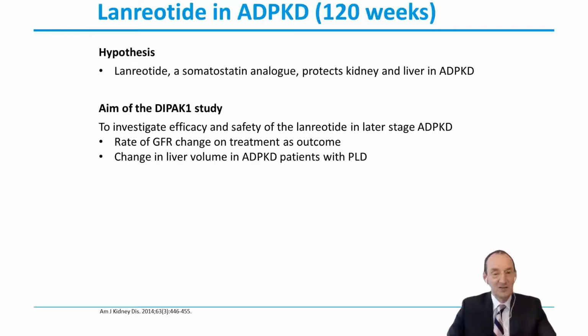So the nephrologists reasoned that perhaps if you give patients with ADPKD lanreotide, then they will have a better renal function at the end of the clinical trial, and the change of liver volume in these patients will indeed be a decrease.